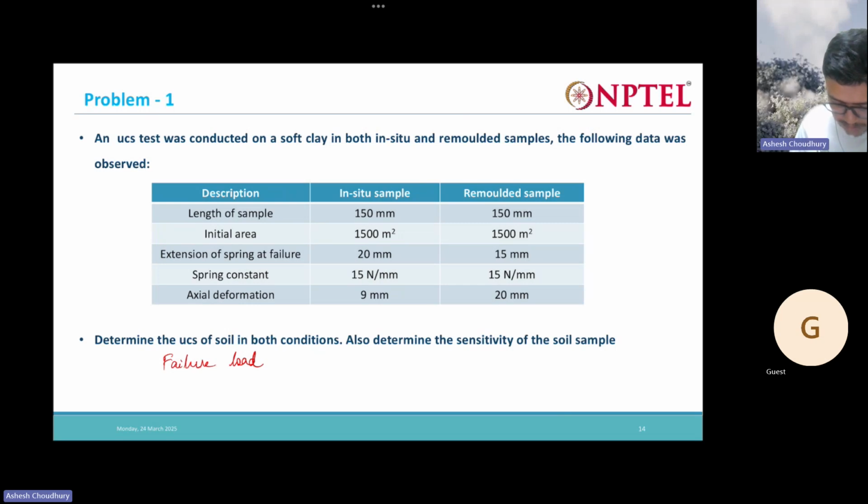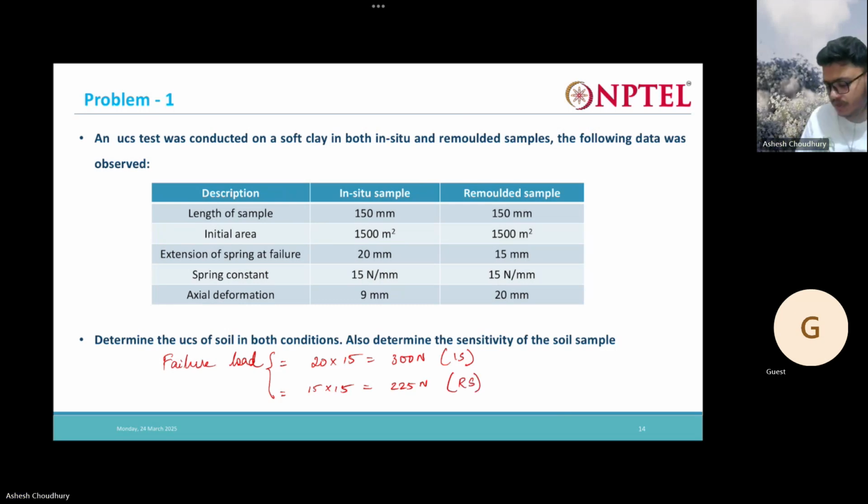Failure load for the in situ sample is what? 20 mm extension of spring, so 20 times the spring constant. This is for the in situ sample. And for the remolded sample, it's 15 times the spring constant. Okay, so you get the failure load.